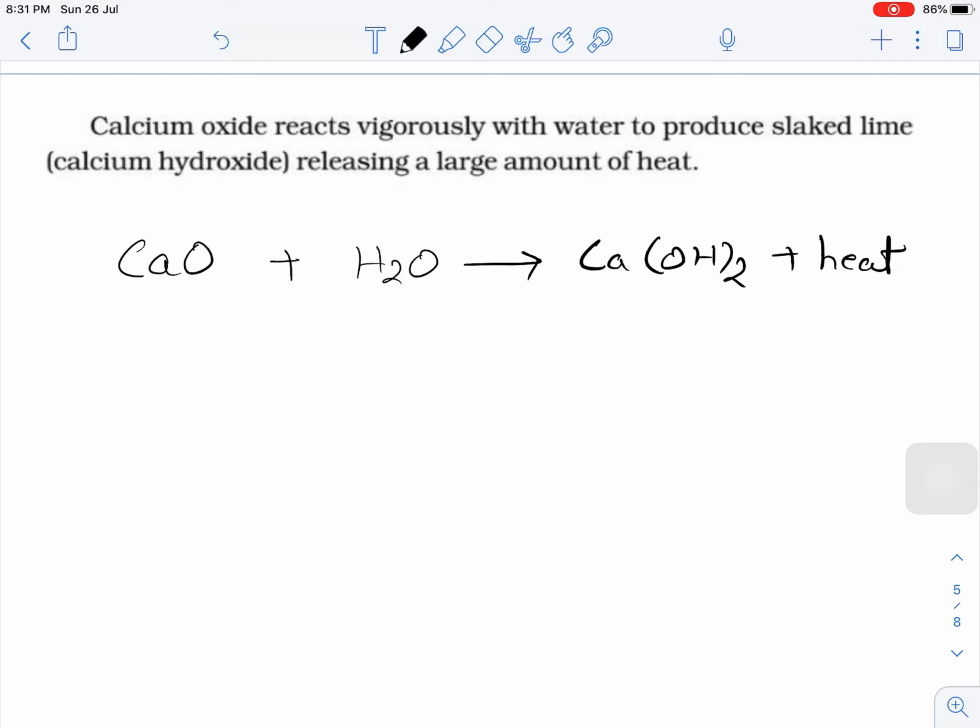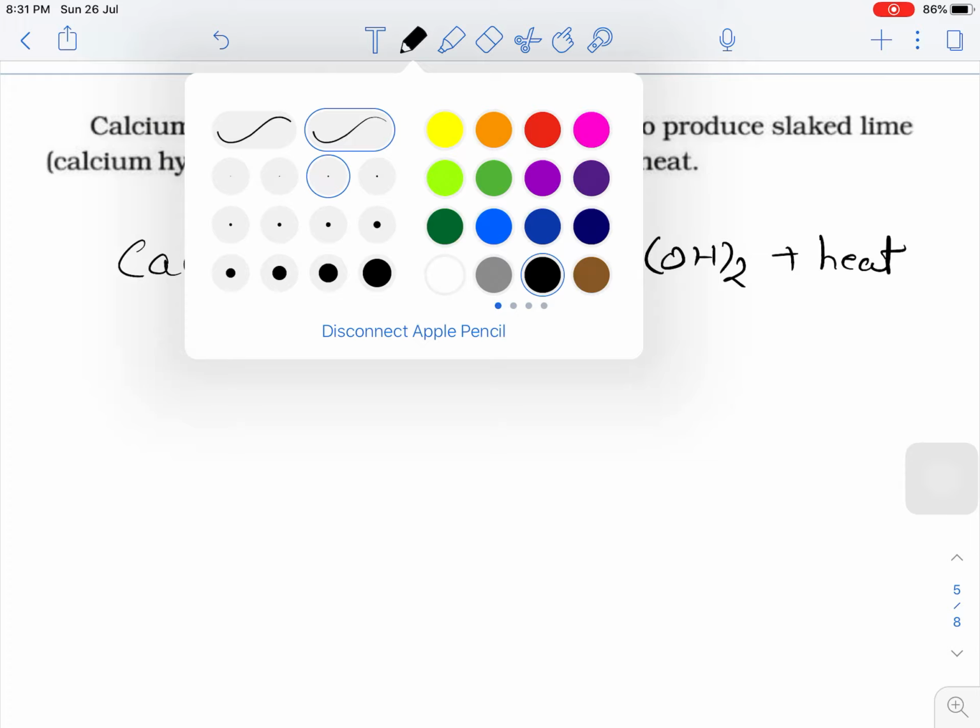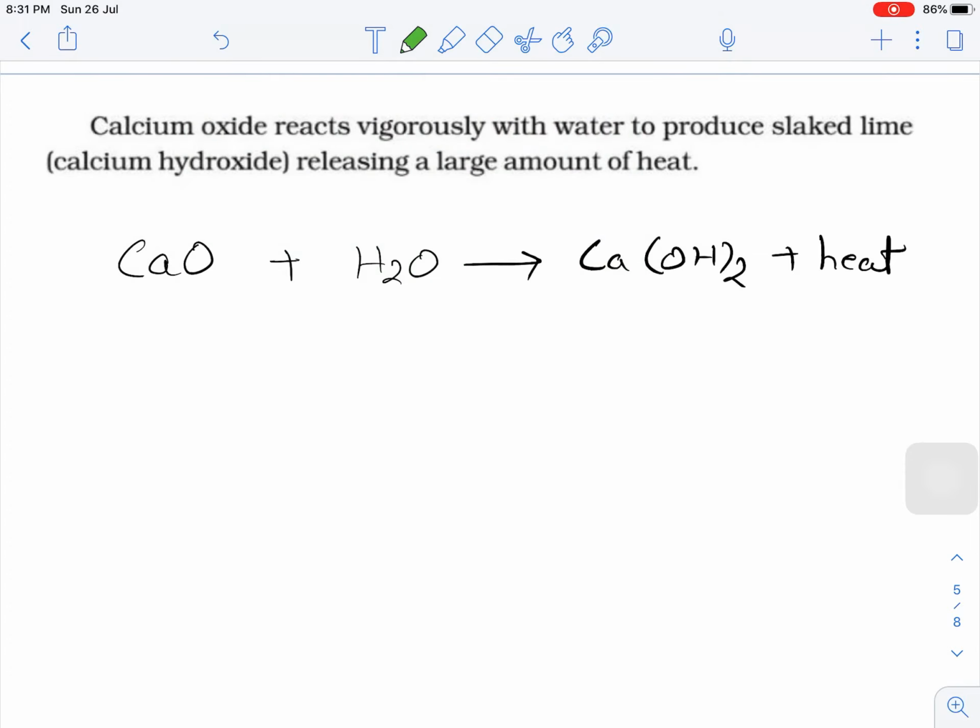Now there is no role of heat in balancing the chemical equation. What we have to do is write the number of atoms taking part in this equation. Here we have 1 Ca, so we will write 1 Ca. Let us see how many Ca we have on the other side. Yes, here also we have only 1 calcium.